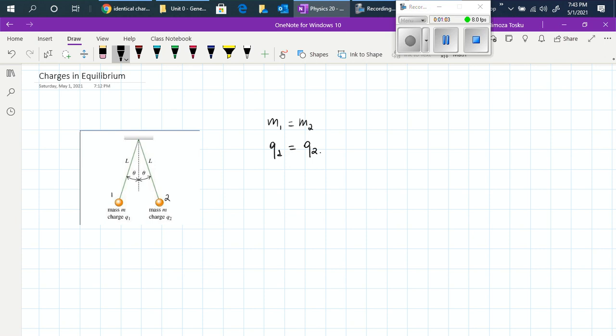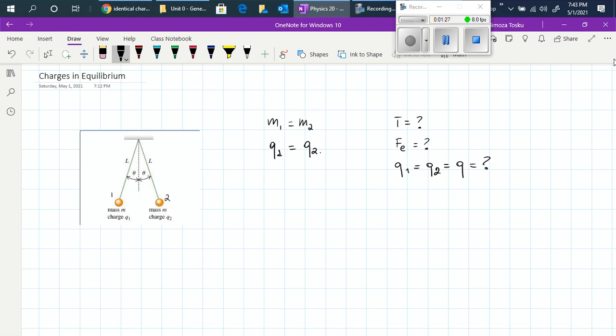Now, what we will find on this question is the tension on the string, the electrostatic force that the charges are experiencing, and the magnitude of those charges, which are equal to each other. For simplicity, I'm just calling it Q.